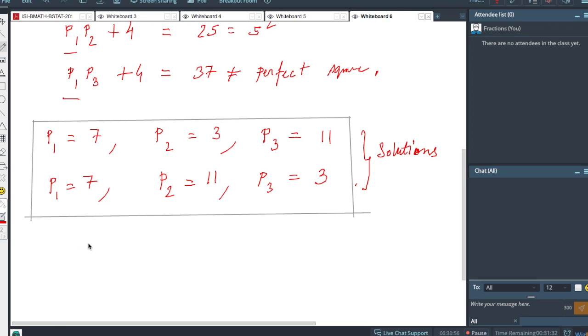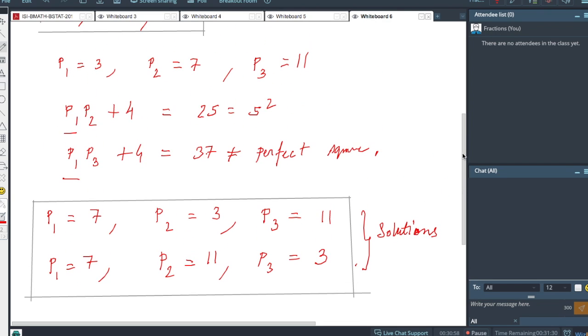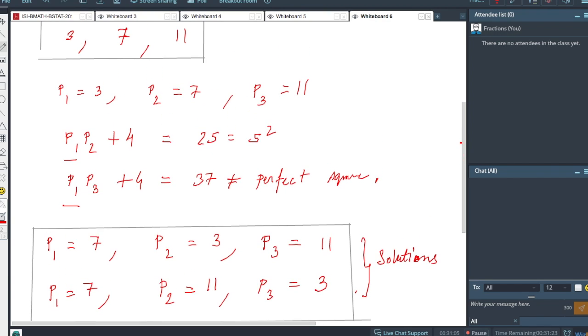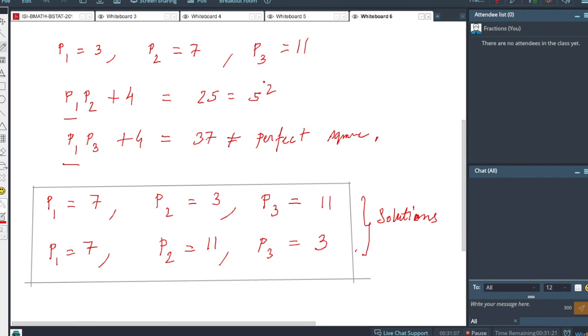So now, we saw that P1 being 3 does not work. So the only possibility left is P1 being 11. Now if P1 is 11, then one of P2 or P3 has to be 3.